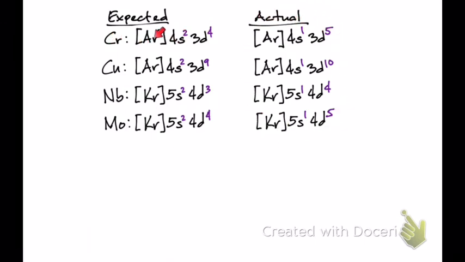So for chromium, for example, it's actually 4s1, 3d5. And the reason behind that is due to the energy level of the 3d sublevel.